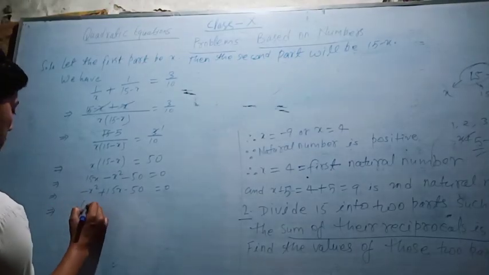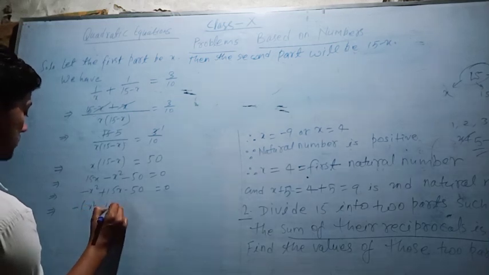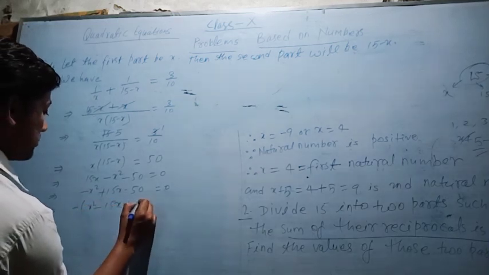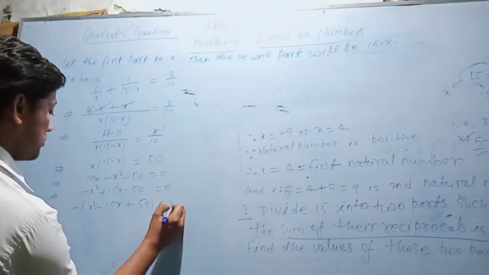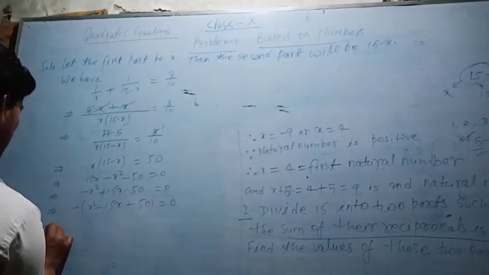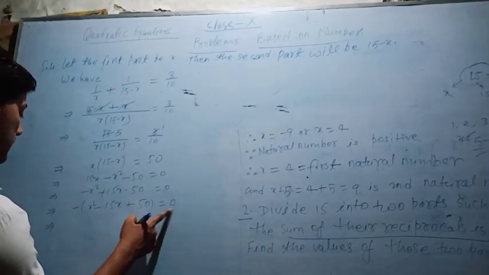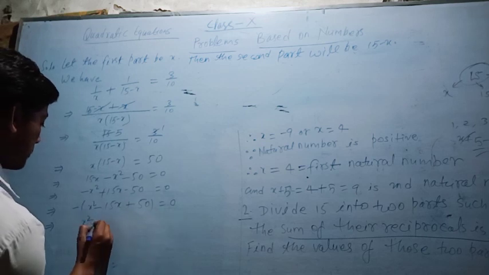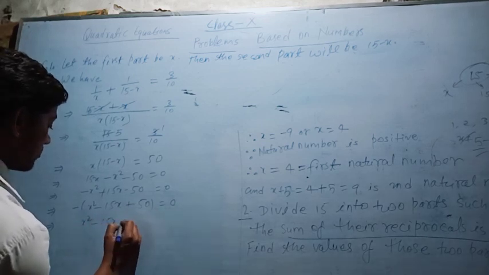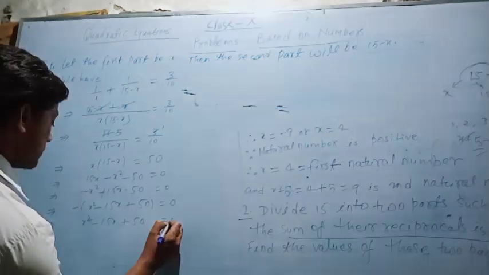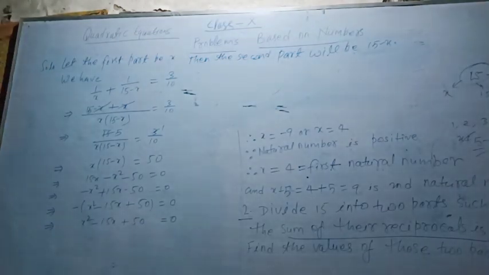Minus will be common out, so x square minus 15x plus 50 is equal to 0.